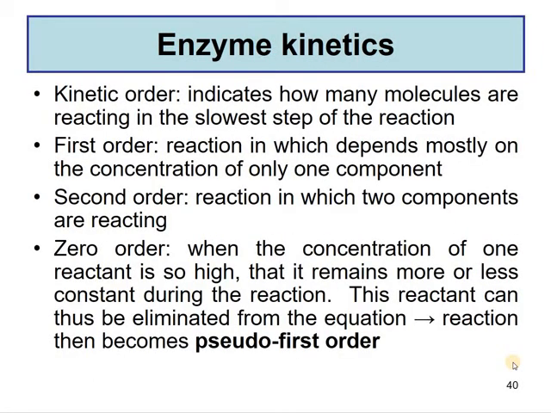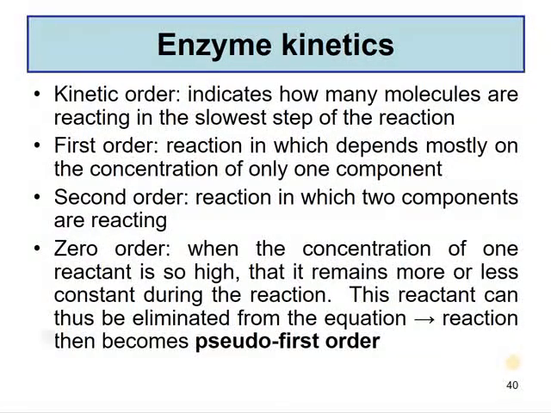Okay, so we already started talking about the kinetics, whereby we spoke about the different kinetic orders, enzyme kinetics. The kinetic orders indicate how many molecules are reacting in the slowest step of the reaction. So we have first order, second, and zero order. The first order is a reaction that depends mostly on the concentration of only one component.